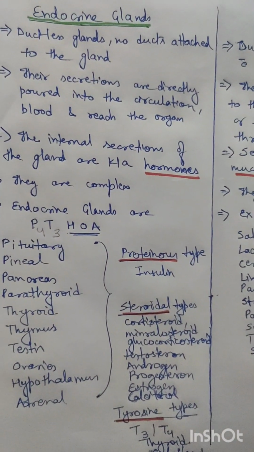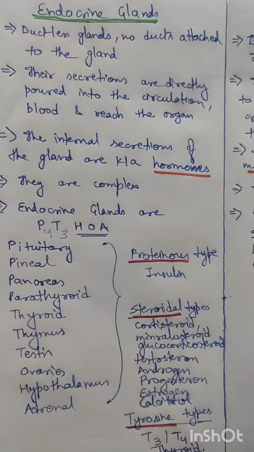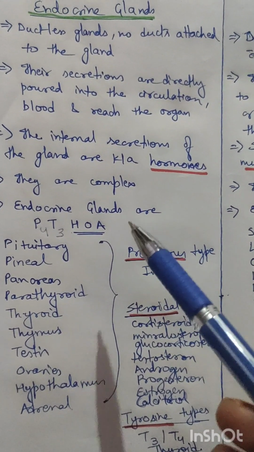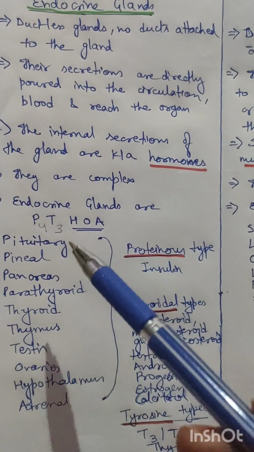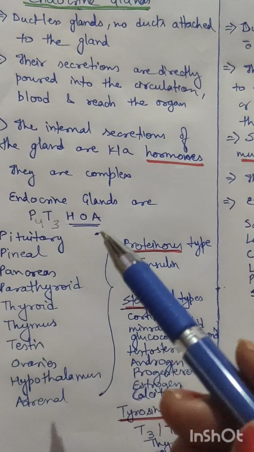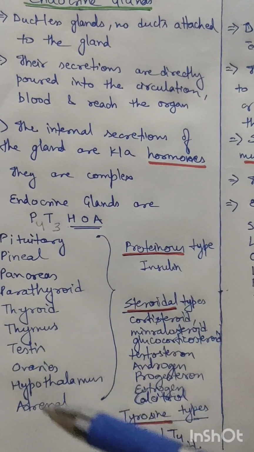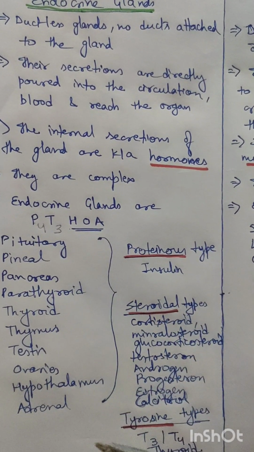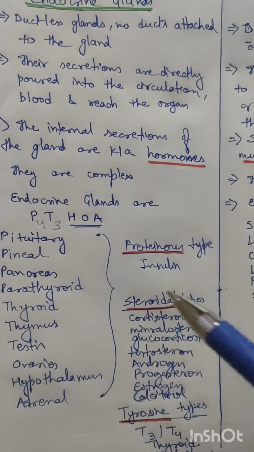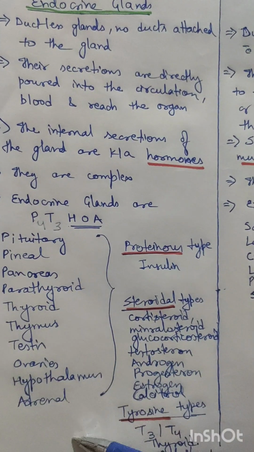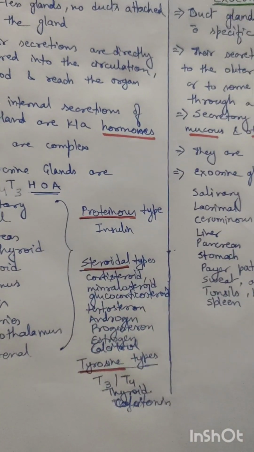So here the concept becomes clear. What are the endocrine glands? We will remember them through this code I have made, P4T3HOA. All the endocrine glands can be memorized through this. These are very important, and we have to remember this. Okay, thank you.